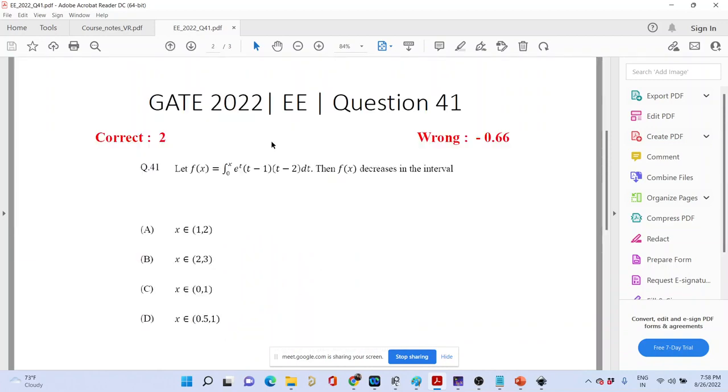So this is the sum. Anybody who can say it?